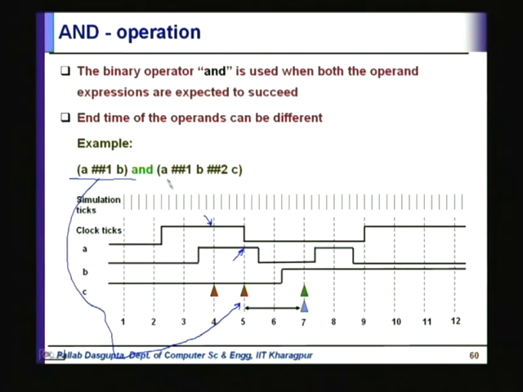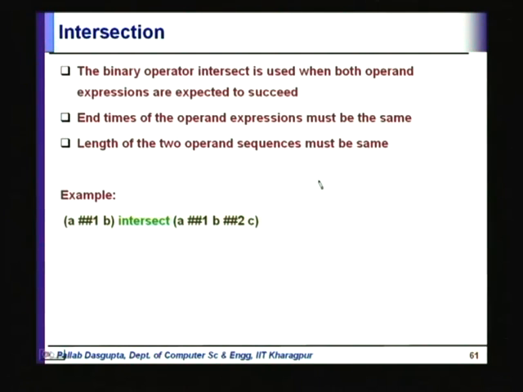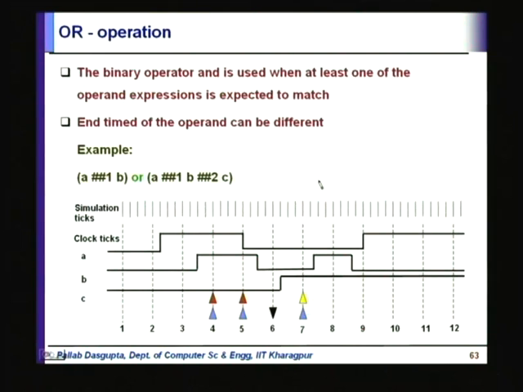So, A matches here, B matches here, and then ##2 here we get C. Now, this part matches here in this place. When both of these have matched, then we can say that this whole thing has matched. So, the match point of this whole sequence expression is this, right.